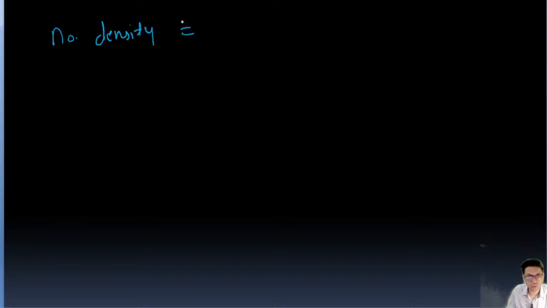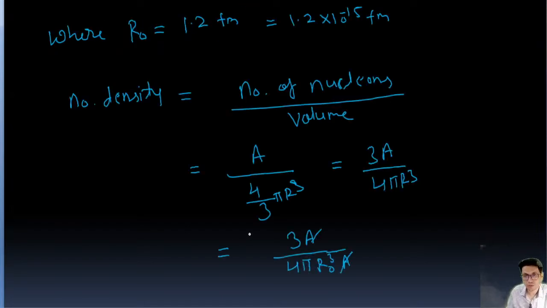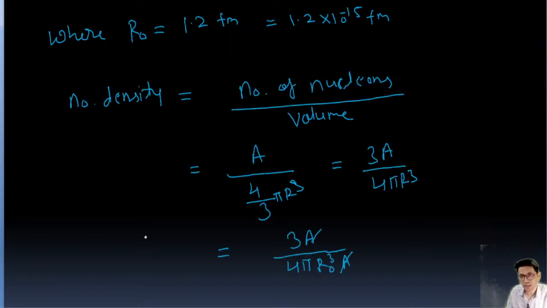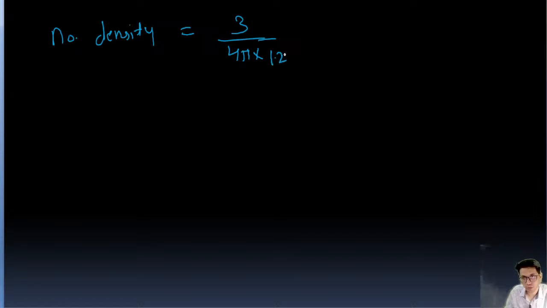Number density is going to be 3 upon 4π R naught cube. The R naught value is 1.2 fermi, so 1.2 fermi to the power 3.